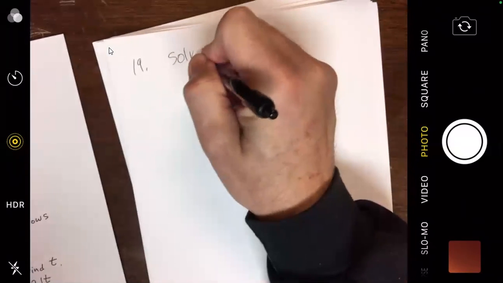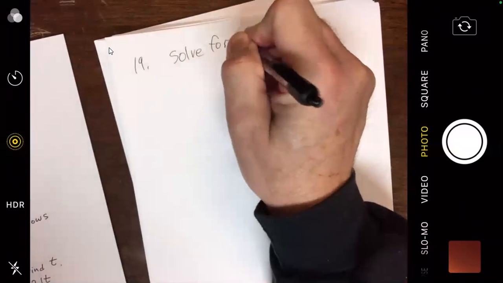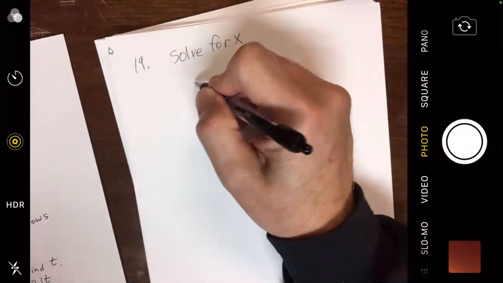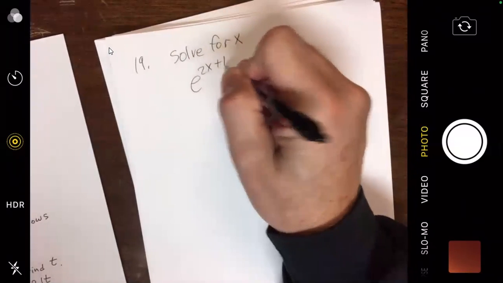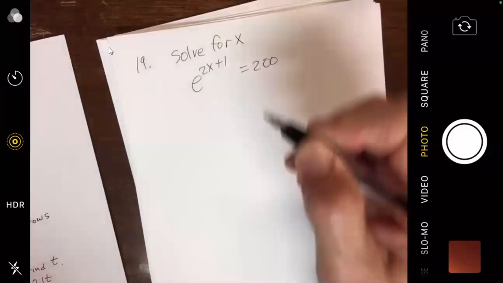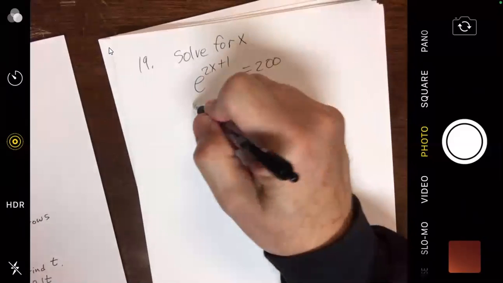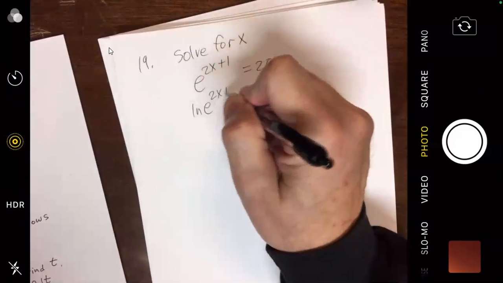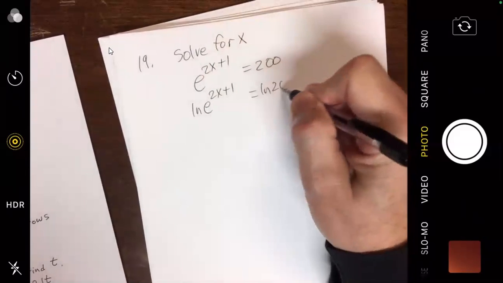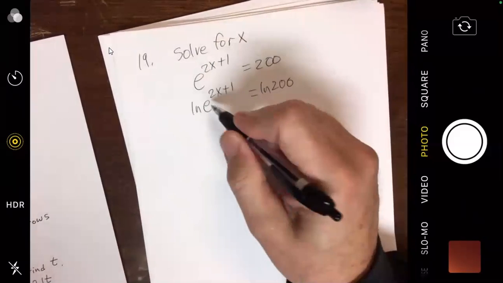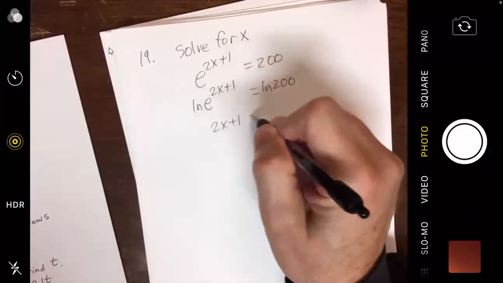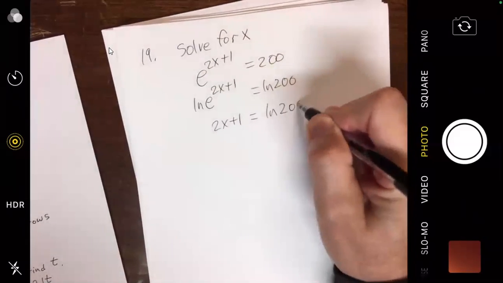Solve for x. e to the 2x plus 1 is equal to 200. Log on both sides. These undo. 2x plus 1 is equal to log of 200.